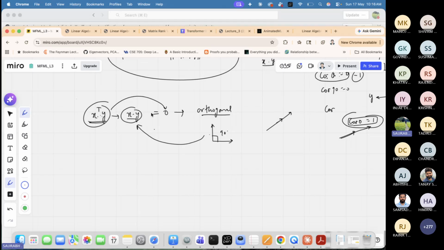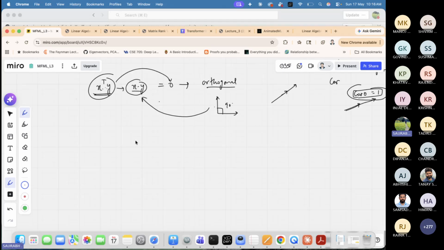Okay. The best possible intuition that you can get is, let's say there is a first vector x equal to 1 0, and the second vector y is equal to 0 1. If you plot the first vector, this is 1 0, and plot the second vector, this is 0 1, right? Just take a dot product between them.